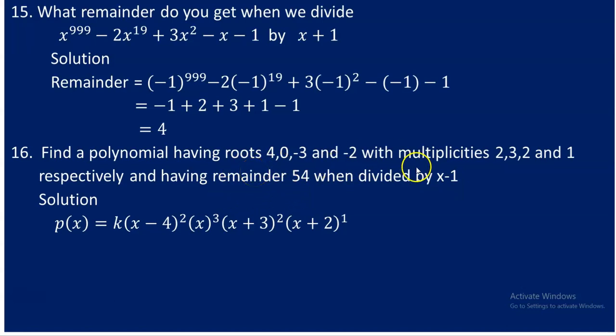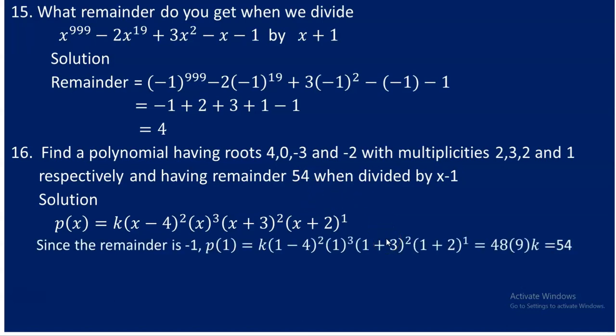Remainder theorem. So when we put the 0 of x minus 1, which actually is 1 here, when we put 1 in place of x in your p, you must have a number which is equivalent to 54, because the remainder theorem says so. So let's substitute now 1 in place of x.